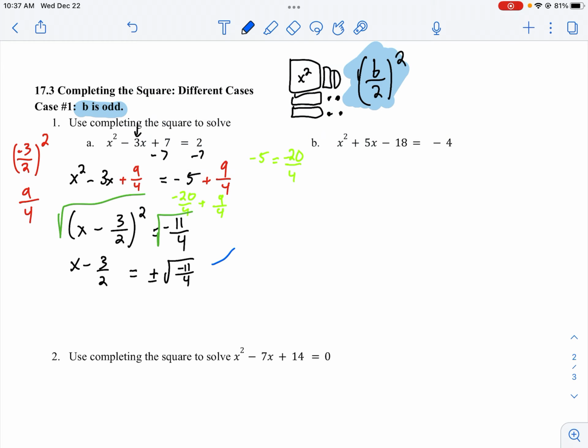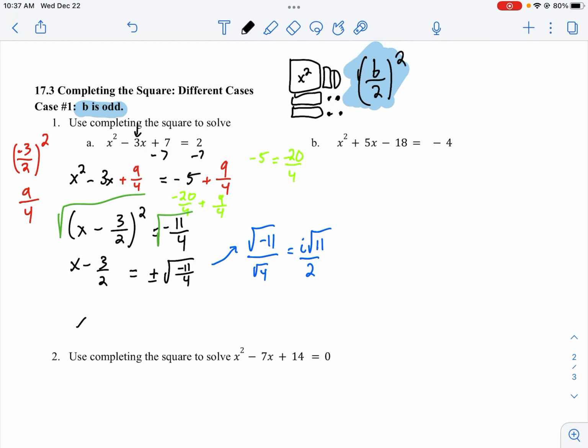If I want to simplify this, we can take the square root of the top. The square root of the bottom is just the square root of 4, and we know the square root of 4 is 2. Now for the square root of -11, this is where our complex solutions come in. It's the same process. If that's a -11 under there, we know we have an i out front, square root of 11, and that is how we simplify it.